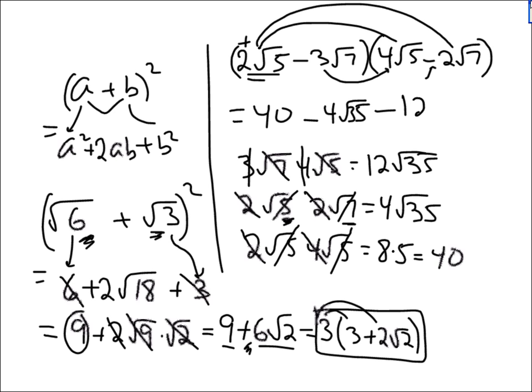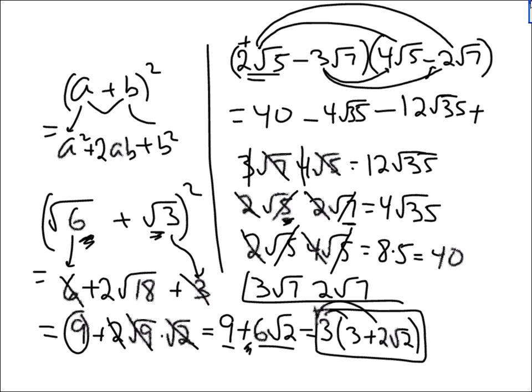In our case, 12 radical 35. Okay, one more. I'll write down the notes down here. Negative times negative is positive. You have 3 radical 7 times 2 radical 7. Well, 3 times 2 is 6, and radical 7 times radical 7 is 7, so we get 42, plus 42.